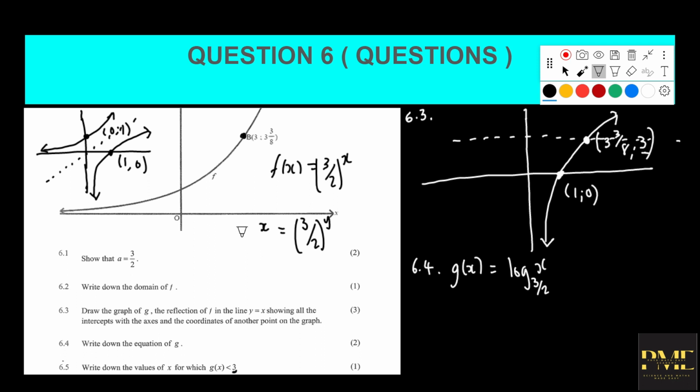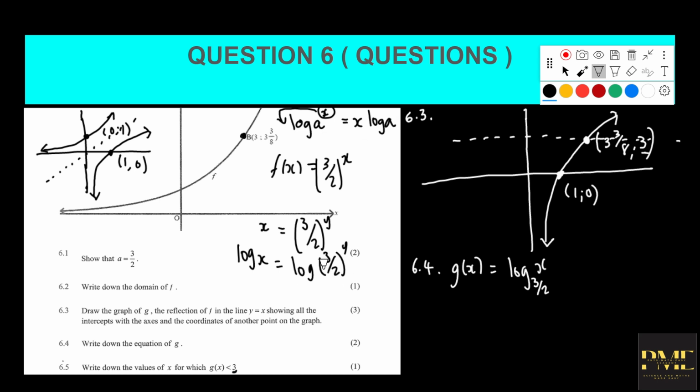So if we introduce our logs, put log on the left, put log on the right. So we will have log x equals log of 3 over 2 exponent y, guys. Now, there is a rule of logs that says if you have log of a exponent x, you can take this x and put it at the front, so it equals x log a.